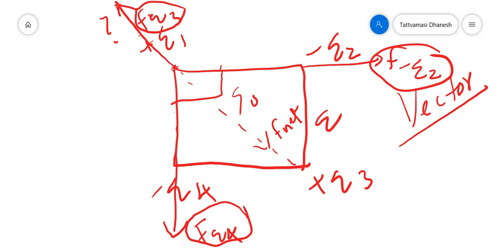This is a simple example I have given you, so we can do numericals based on this as well. I have explained the process you need to follow while doing this numerical, and this is known as the superposition principle. That also we discussed, and in the last video I told you how you can write this in vector notation also.